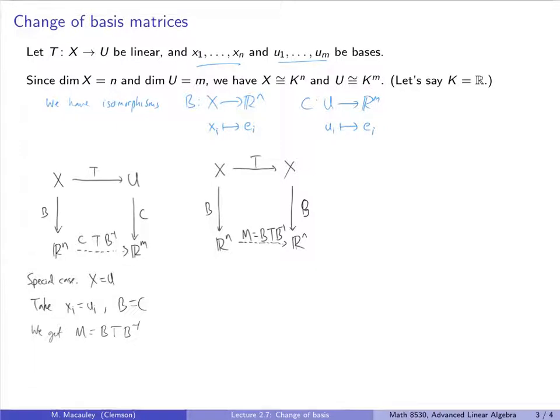Okay, so now let's suppose that we have a different isomorphism. Instead of B, we'll pick another one. So let's suppose we change the isomorphism B, and let A from X to Rn be another one.